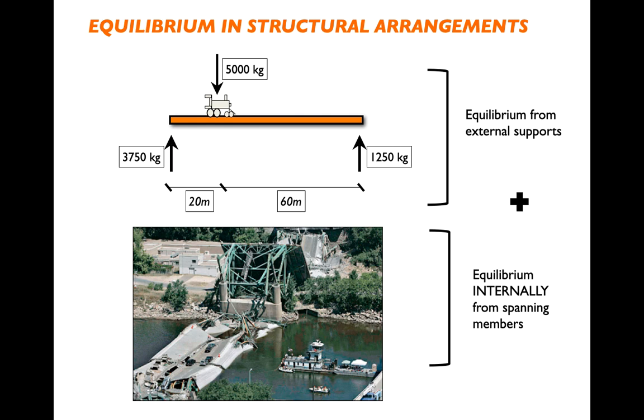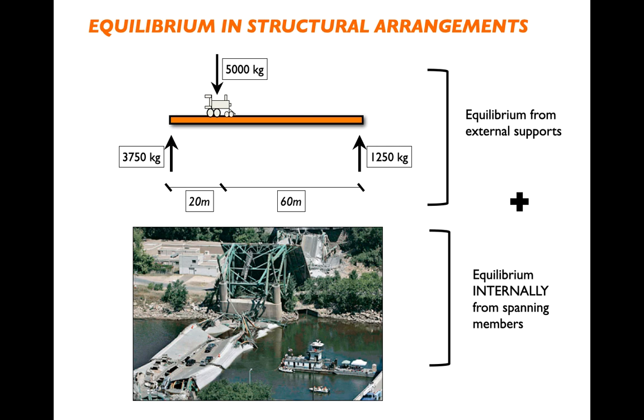When we're talking about beam equilibrium, what we're doing is taking the load that we're putting onto a beam, in this example a 5,000 kilogram train, and figuring out the loads in the reactions that will support it. And if you look at this, you can see that 3750 and 1250 is equal and opposite to 5,000 kilograms. So we have translational equilibrium in the y direction.